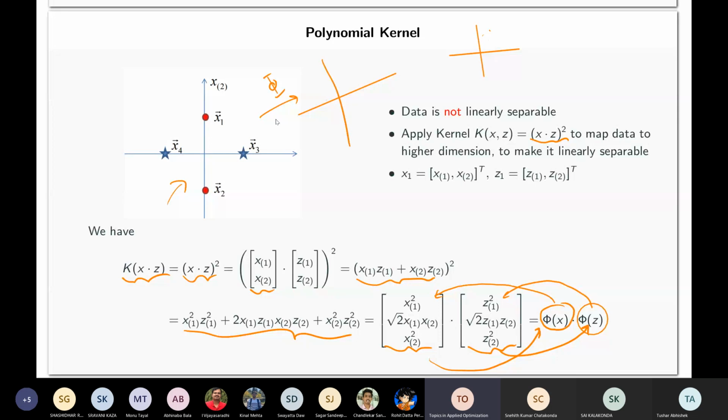But your original kernel mapping was this: phi x is x1 square, square root of 2 x1 x2, x2 square. So this is the map we are actually looking for that will allow this to separate. That's what we are hoping.